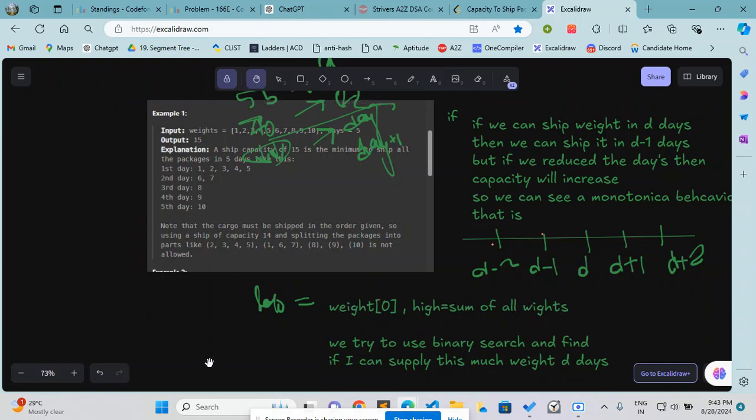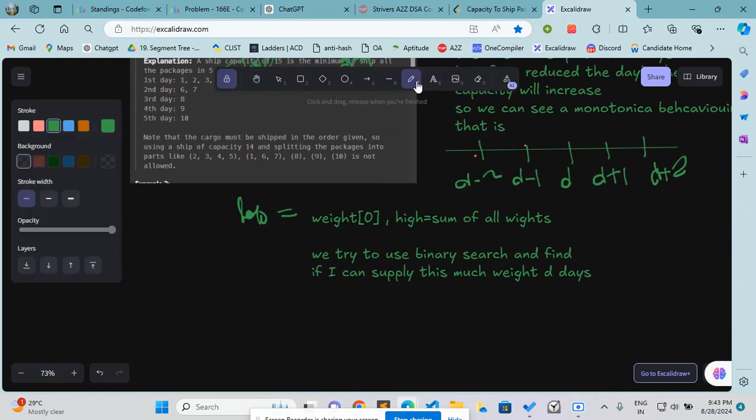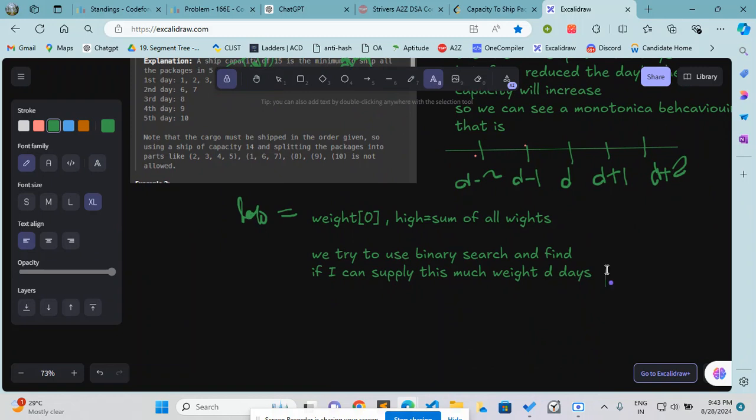Then we try to minimize the weight that can be shipped in D days.